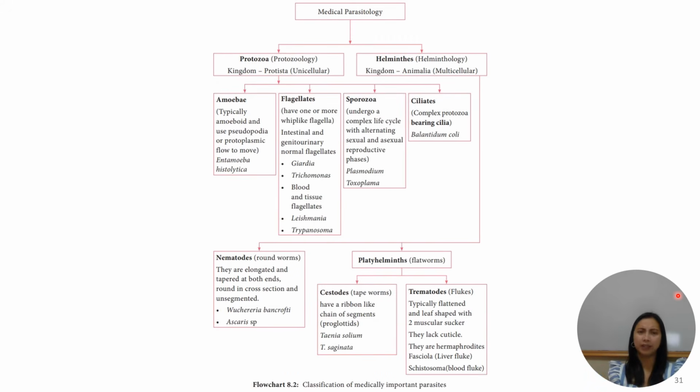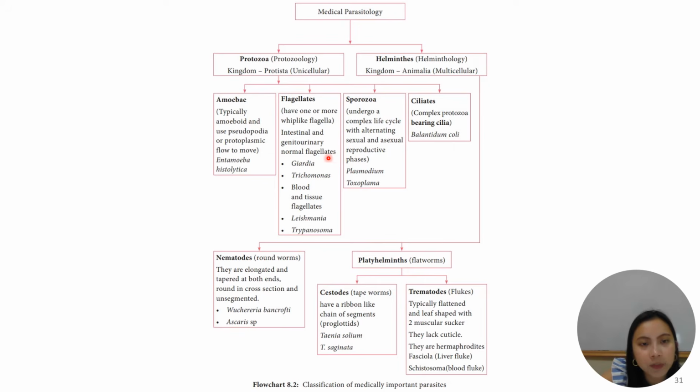So what's nomenclature, miss? So we all know that animal parasites are classified according to the International Code of Zoological Nomenclature. Each phylum is subdivided into classes, which are further subdivided into orders, families, genera, and species.